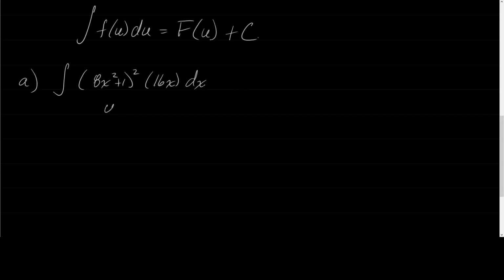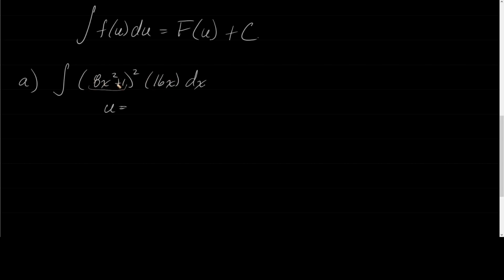You want to look at the pieces and see which one is the derivative of the other. If you look at this 16x, the derivative of the piece inside here is 16x.